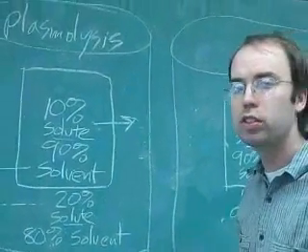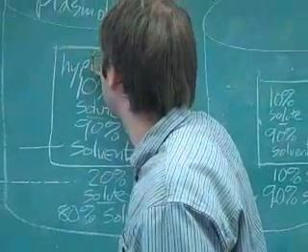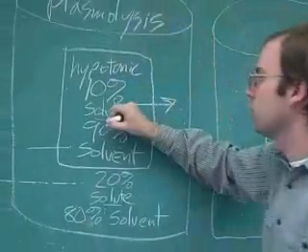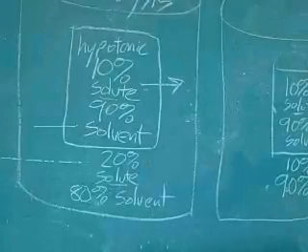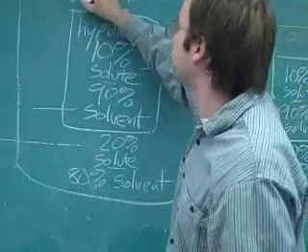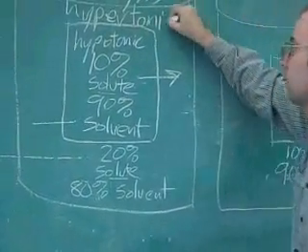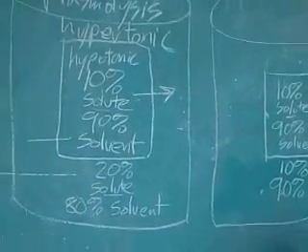So now this particular cell is hypotonic. Same cell is over here, but now it's hypotonic. And the water over here is now hypertonic. Water is flowing from where it's hypotonic to where it's hypertonic.